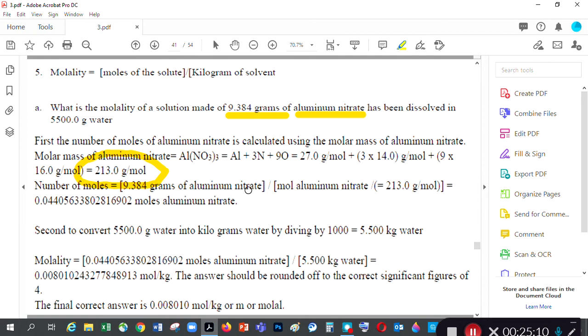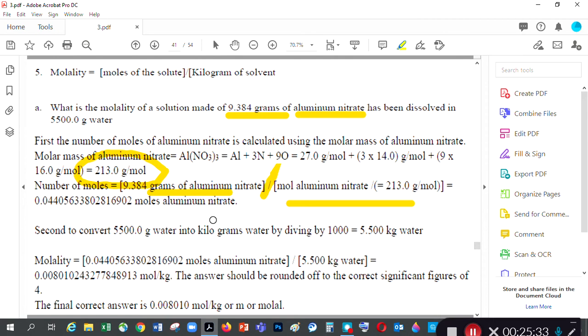So take the 9.38 grams of aluminum nitrate, divide by the molar mass to get the number of moles.